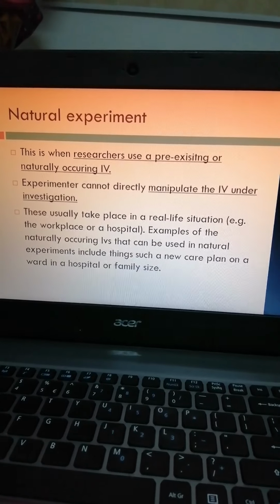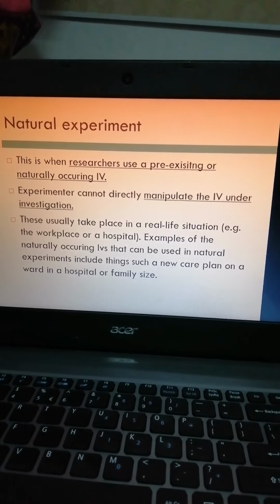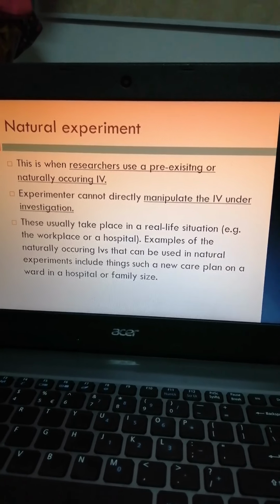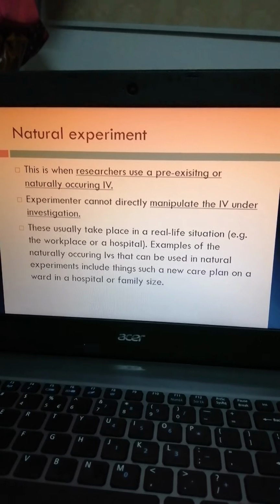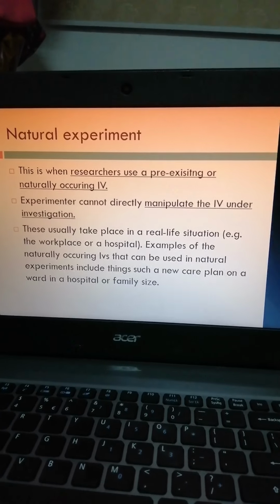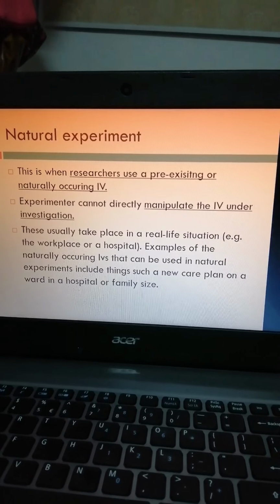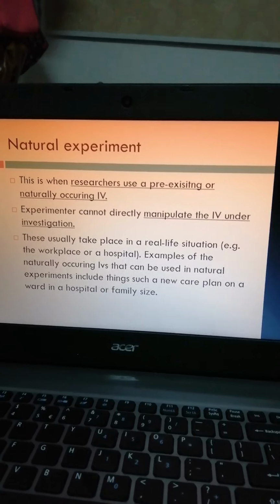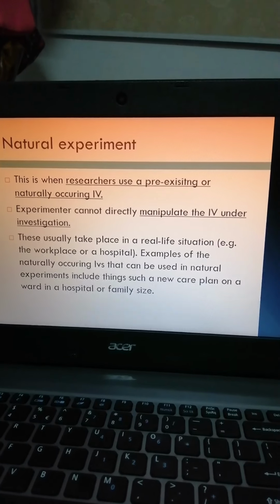For example, suppose a researcher is interested to investigate about IQ level among university students. So here the researchers cannot manipulate or control the IQ level. It's there, okay? And the experimenter cannot directly manipulate the IV under investigation, as I've said earlier on, the IQ level of university students or the gender.